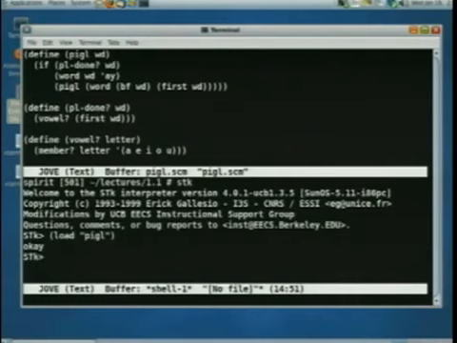OK, so here's a little Pig Latin program. Who speaks Pig Latin? Oh my God, what do they teach in school these days? All right. Pig Latin, when I was a kid, was a secret language that kids used to keep secrets from their parents. I guess these days it's a language that parents use to keep secrets from their kids. And the way it works is, to translate a word to Pig Latin, you take all the leading consonants, move them to the end, and add AY.